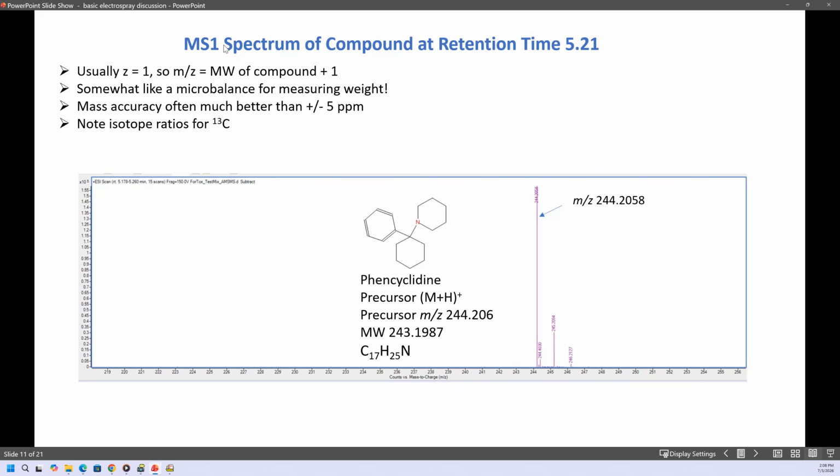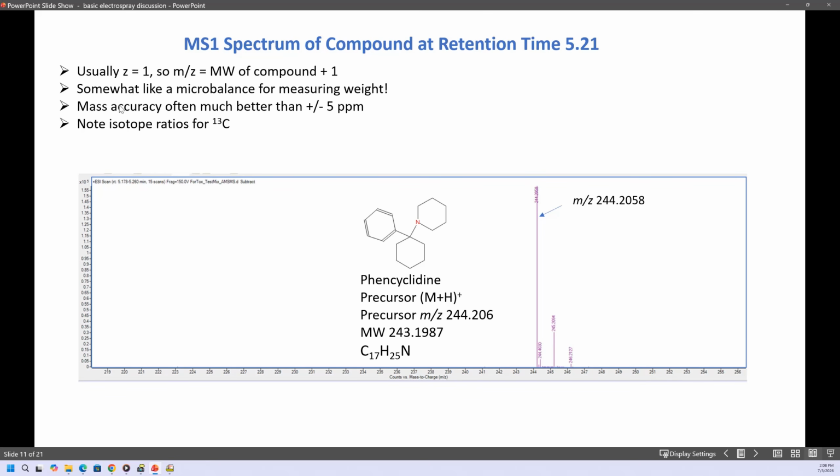Here is the MS1 spectrum of a compound that elutes at retention time 5.21 minutes. As we said, this will be a low energy spectrum, so there won't be hardly any fragmentation. So usually the charge is equal to 1, as we said, for all the compounds that we will talk about in this course. So the mass to charge equals the molecular weight of the compound plus the weight of a hydrogen. Somewhat like a microbalance for measuring the weight of an ion.